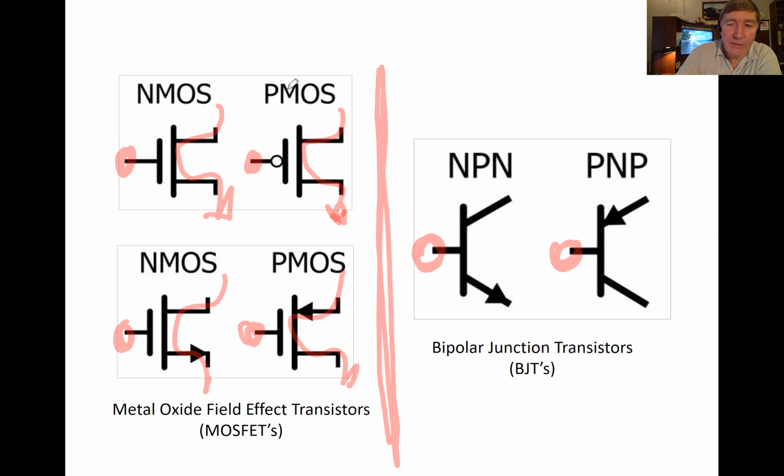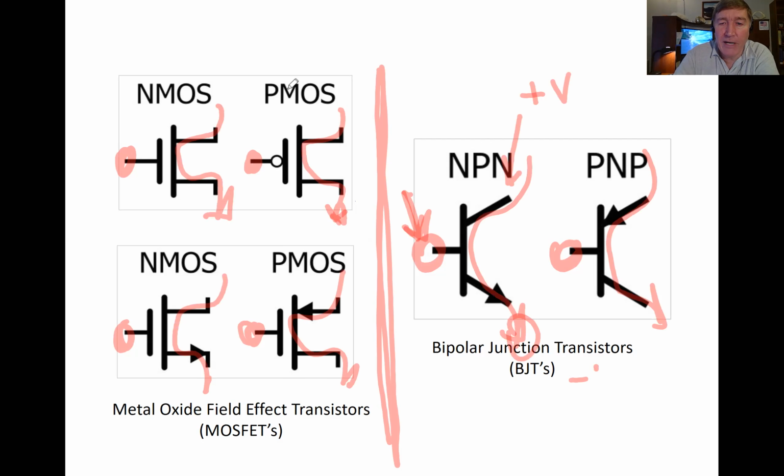It doesn't matter whether it's a bipolar junction or a MOSFET, they always follow the same pattern. This terminal right here is the one that turns it on or off. This terminal up here is connected to the plus voltage, and this terminal down here is connected to the ground, or you could say the minus voltage. All transistors work that same way.